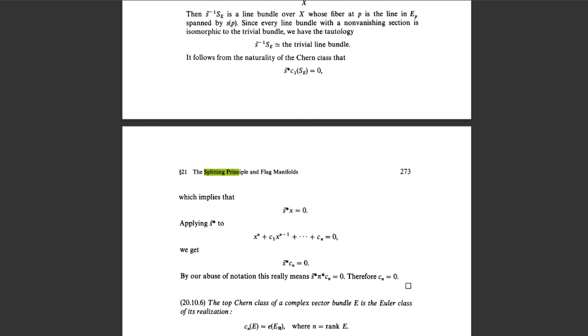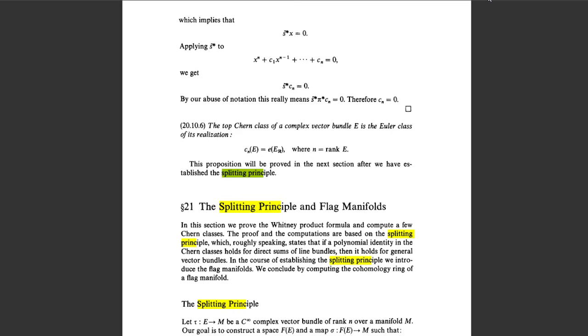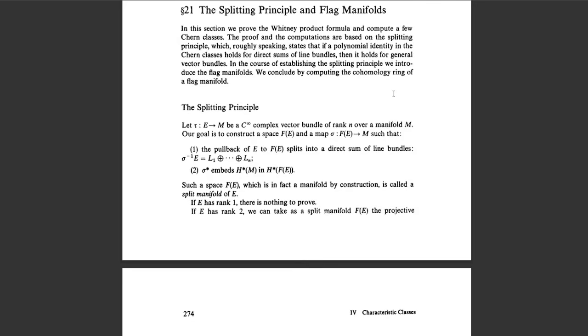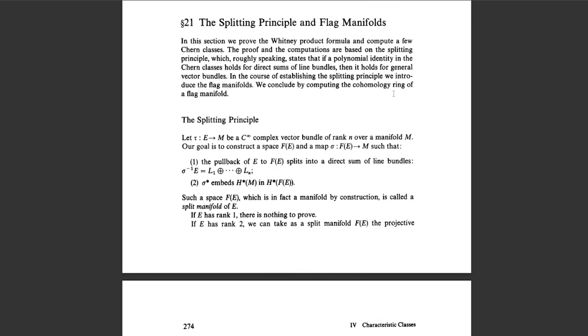Yeah, so the splitting principle. All right. What the splitting principle is, and why it's really important, is that any polynomial identity involving Chern classes that holds for a direct sum of line bundles holds rigorously for all vector bundles.